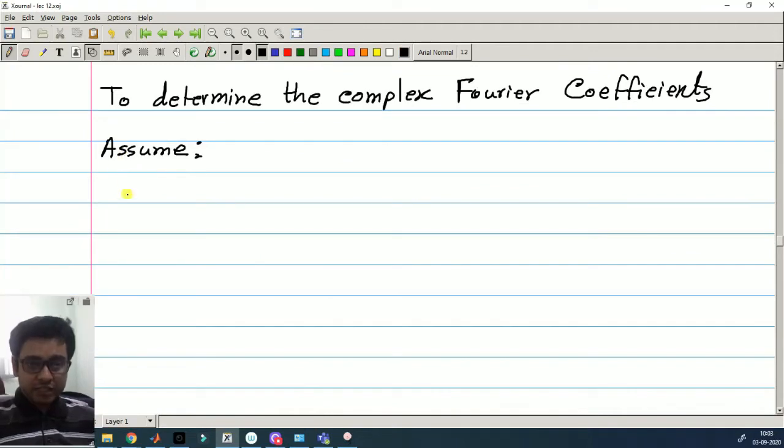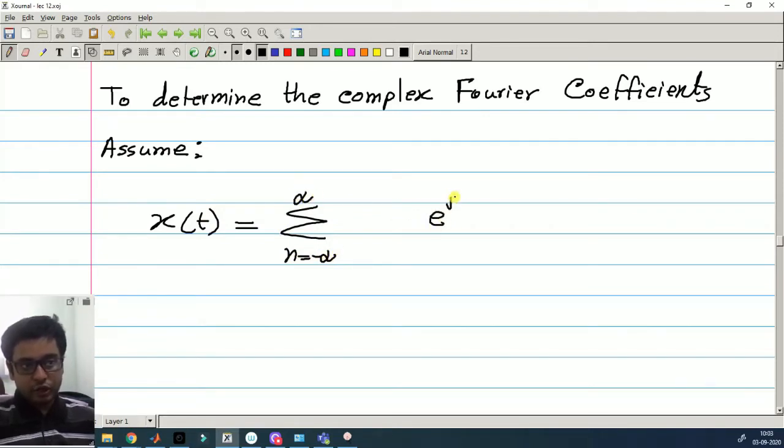We shall start with the assumption that the signal x(t) can be written as an infinite sum of complex exponentials e to the power j omega n t with coefficient Cn, and then we shall multiply both the sides with e to the power minus j omega k t.